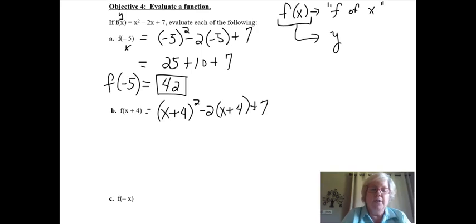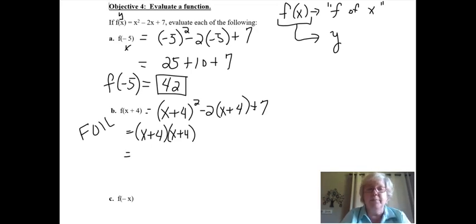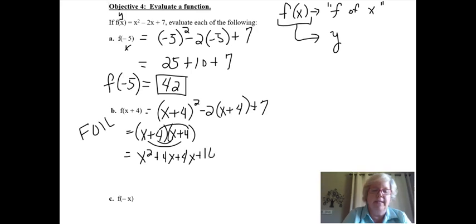Now, X plus 4 squared means I have 2 of those, and you will recall we had used the FOIL method, first, outer, inner, last, to multiply that. So I do need to simplify. X times X is X squared, and then I have a 4X and a 4X. You write that down. And then 4 times 4 would be 16.